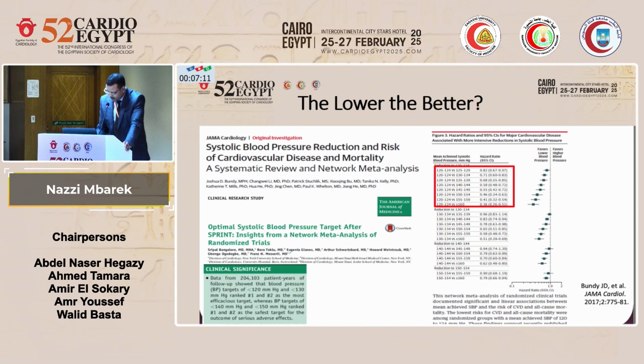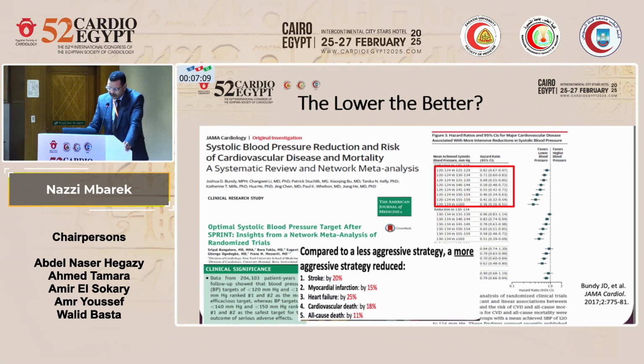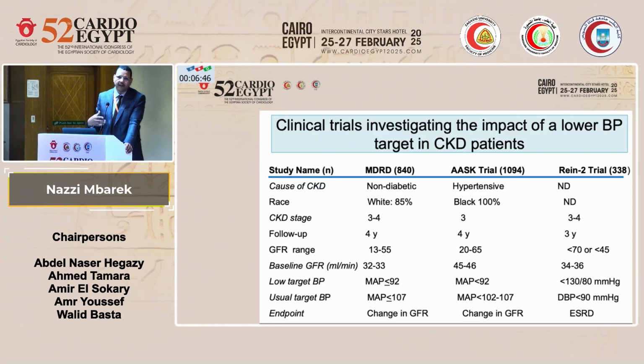The important trial is SPRINT, from which derives this blood pressure target of 120, and it showed that there are fewer cardiovascular events, less stroke, less myocardial infarction, heart failure, and cardiovascular death. But not all people agree with that statement.